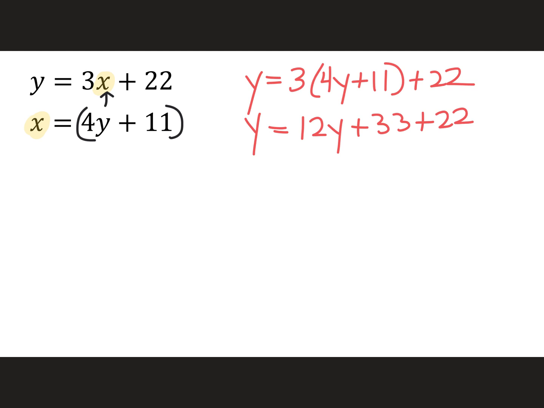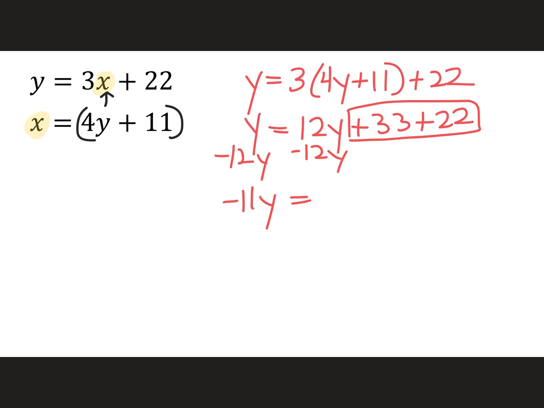And I'm going to do two things at once, actually. I'm going to get rid of the 12y on the right-hand side, and I'm also going to simplify this right here. So 33 plus 22 is 55. Divide by negative 11, and y equals negative 5. All right, what's my next step? My next step is to put it back into the equation. And since I want to know what x equals, I'm going to put it back in the one that starts with x equals.